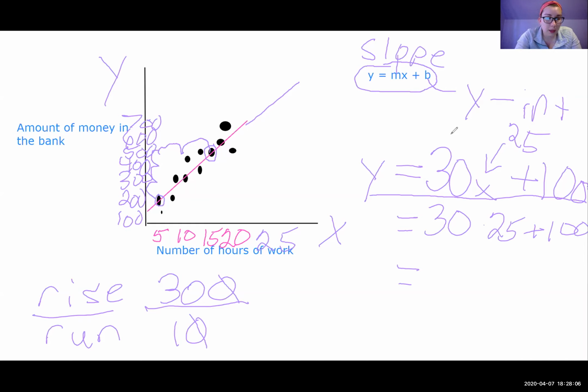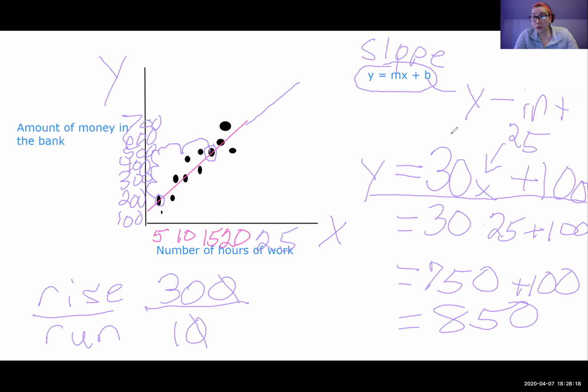If not, it's going to be 750 plus 100. 750 plus 100 is 850. So if you work about 25 hours, you could potentially make $850.